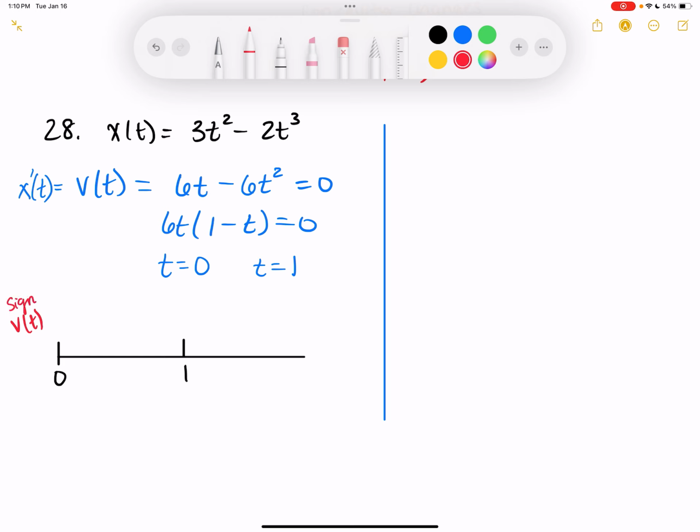When we plug the number in, if I plug in 1/2, what happens?